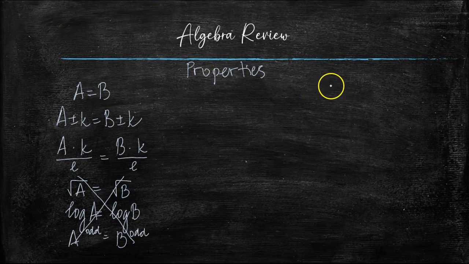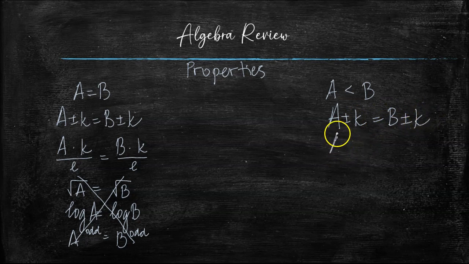Now, just like equations have properties, inequalities also have properties. If A is less than B, I'm trying to be fancy here. If A is less than B, then you can add and subtract a number to both sides of the inequality.